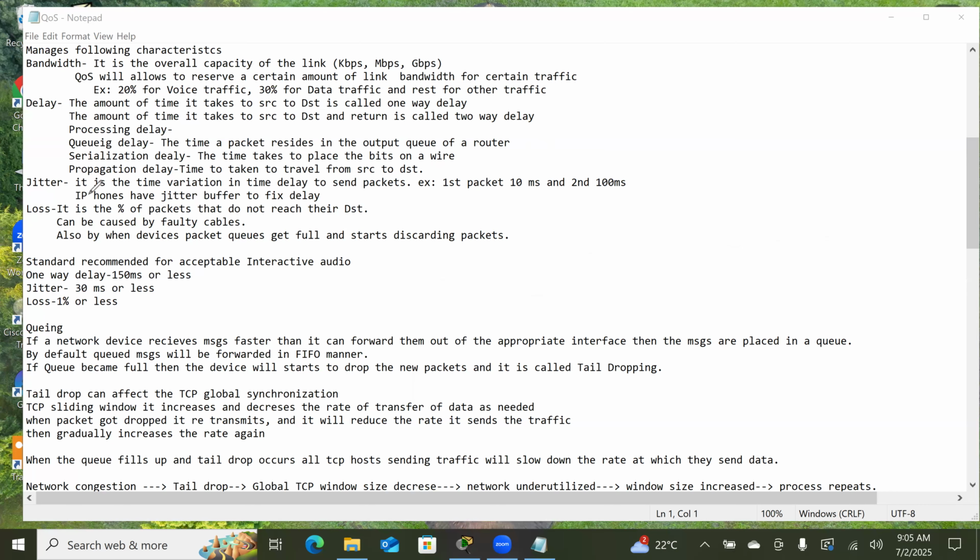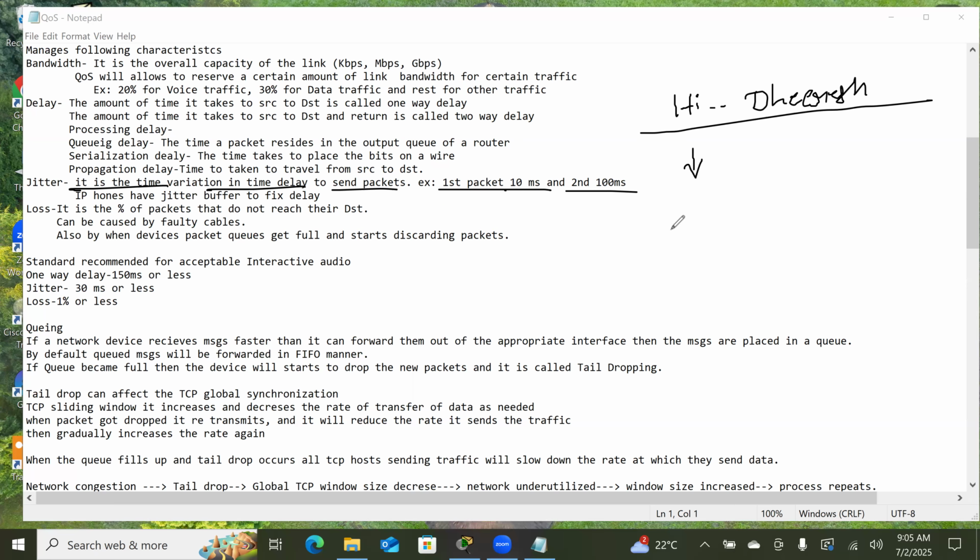What do you mean by jitter here? It's the variation in the time delay to send packets. For example, the first packet at 10 milliseconds and the second packet at 100 milliseconds. For example, if I'm saying, hi, Dhiresh. For the first 10 milliseconds, if I'm sending hi, and after 100 milliseconds Dhiresh is reaching.